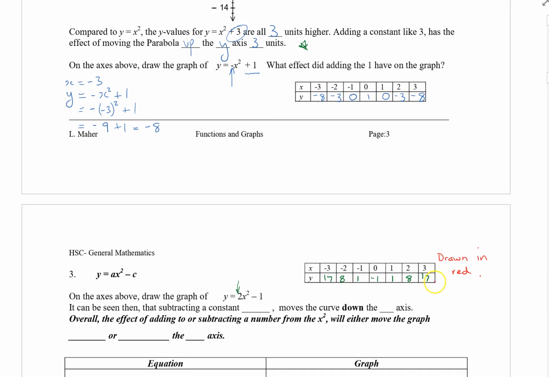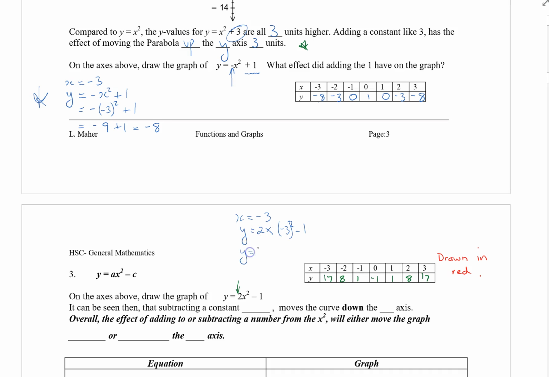Now I've been through and filled that out, and just like I explained how you got the values for this table up there, you'll do the same here. If you're unsure, you will say when x is minus 3, y is 2 times minus 3 squared minus 1.